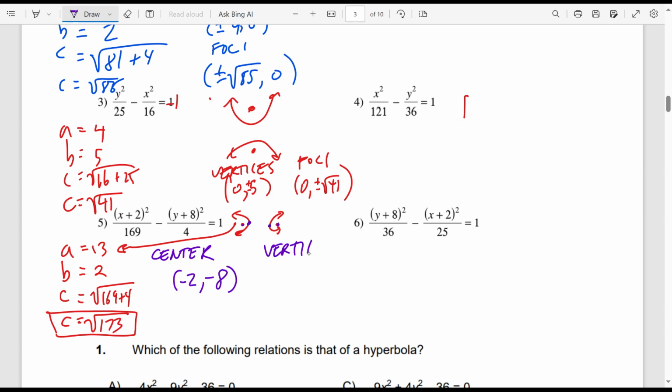So then my vertices are going to be -2 plus 13, -8. The k value is not going to change. The y value is not going to change. The only thing that's going to change is the x-axis. So the vertice is going to be 11 and -8.